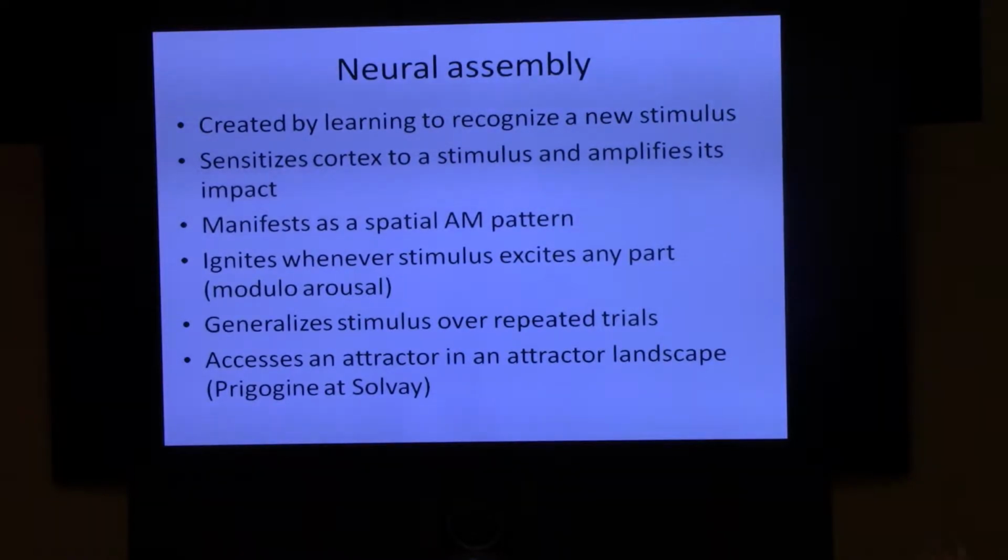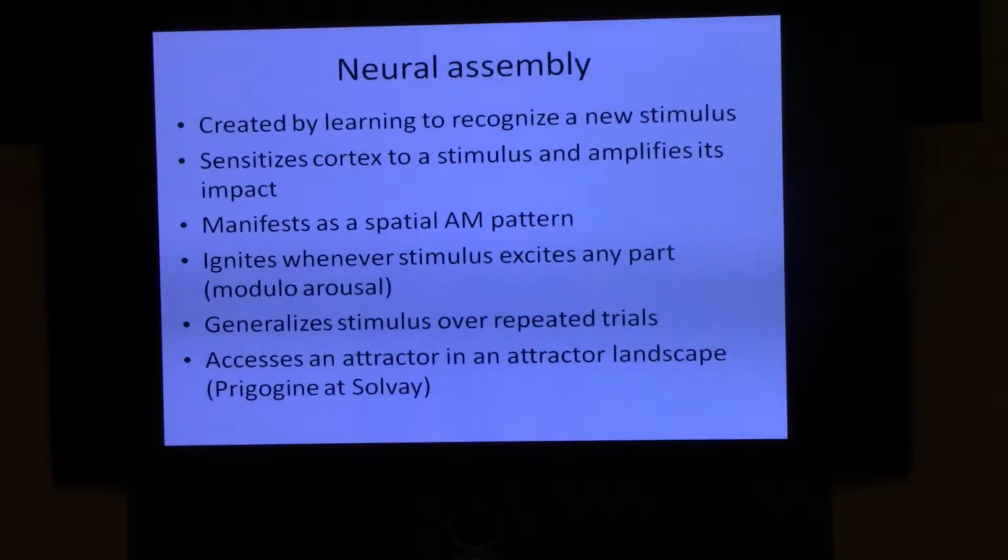It was at Brussels that he met Prigogine and was influenced by Prigogine's ideas about self-organizing dynamics in chemical and thermodynamic systems.